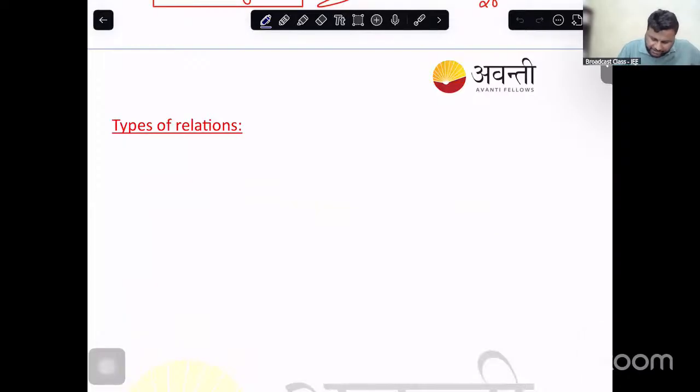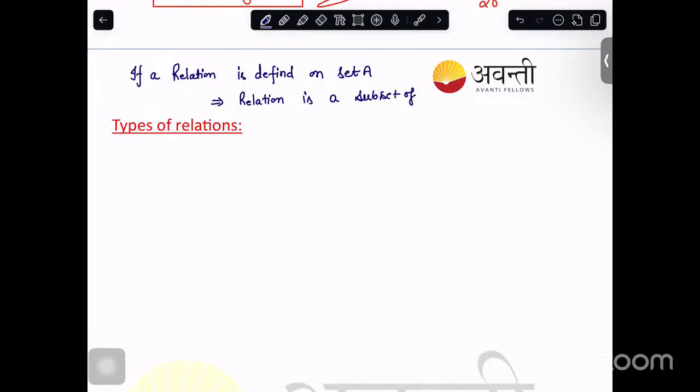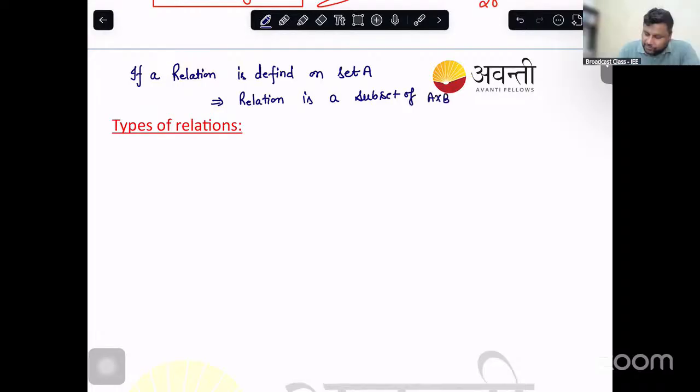See, if a relation is defined on set A, what does it mean? If a relation is defined on set A, that means relation is a subset of what? A cross A. This is what yesterday I have told you.